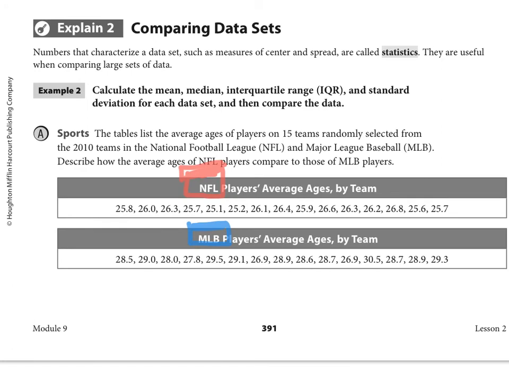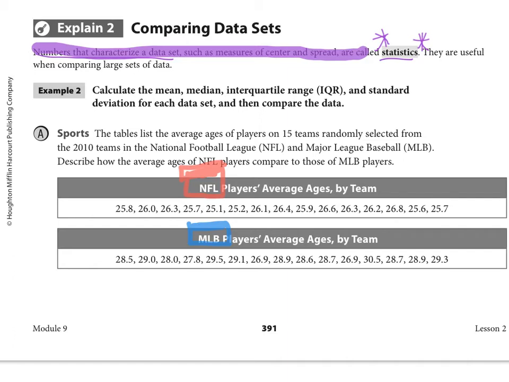So here we are at the bottom on explain 2, comparing data sets. And we're given a ridiculous definition, but we're going to run with it. So get statistics into your foldable and know that this is numbers that categorize a data set, such as measures of center and spread.